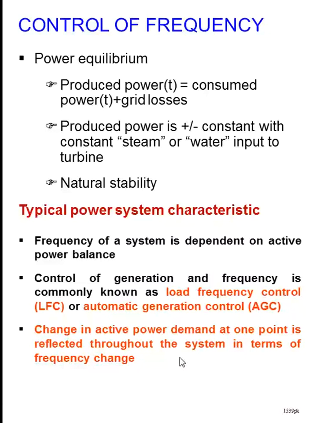So if there is some change in the load power at a given bus in the interconnected network, that information will be reflected in the form of a frequency deviation in the system, and thus this could be a basis for the active power control or the frequency control in the network.